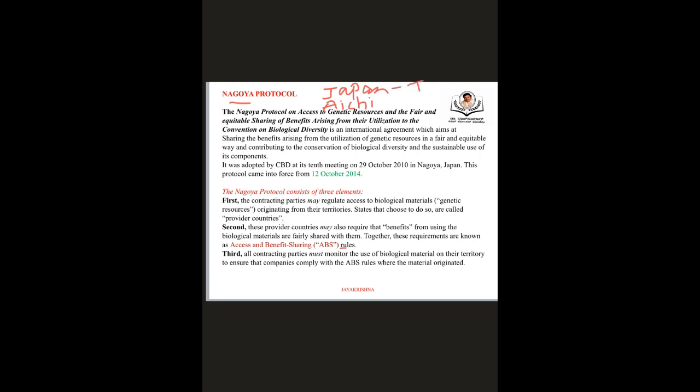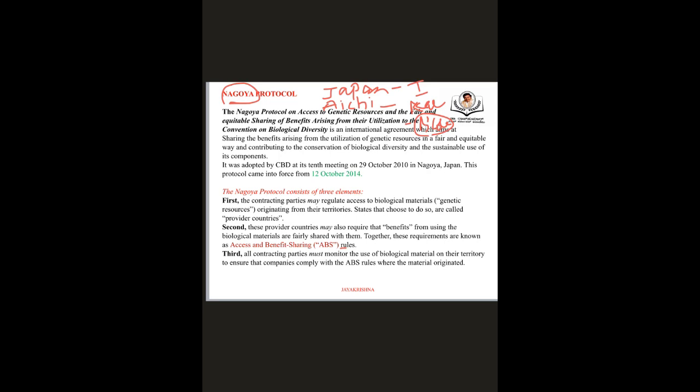Just like in India, the name of the state may be Karnataka and the city is Bangalore. The convention took place in the city called Nagoya of Japan. The province, which is called a prefecture in Japan, is called Aichi prefecture.